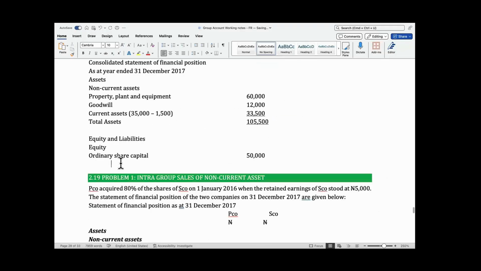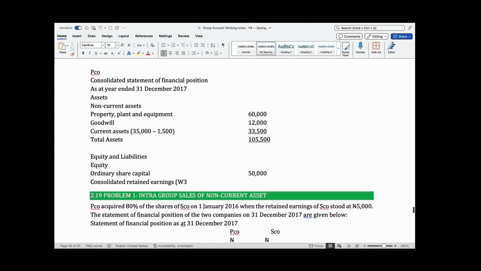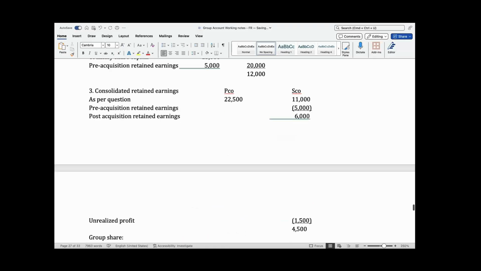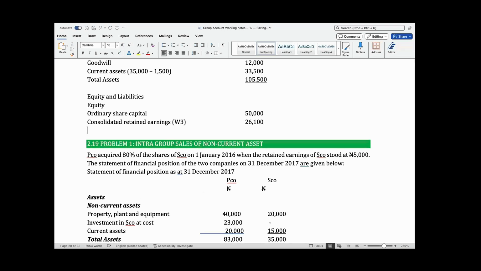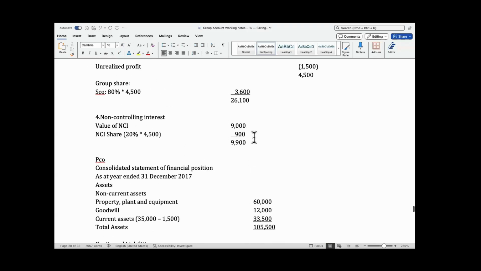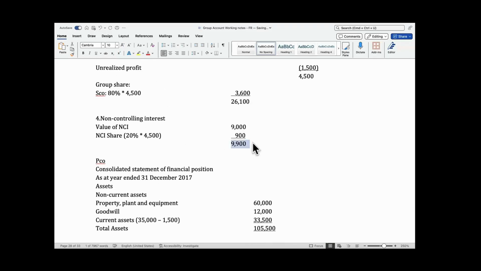So I have my consolidated retained earnings, which is workings 3, which is 26.1. Then non-controlling interests, which is workings 4, which is 9,009.